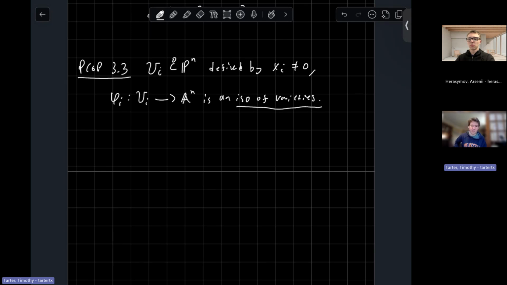So before we had said we got a bicontinuous map on the topology, which is an isomorphism of topologies, or what we'll call a homeomorphism. Here we're saying it also turns out to be an isomorphism of varieties. And this just kind of falls out of all of the stuff that we've brought up recently. We don't actually need to prove this.